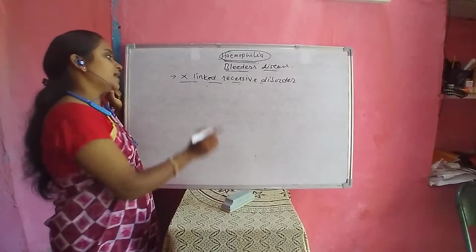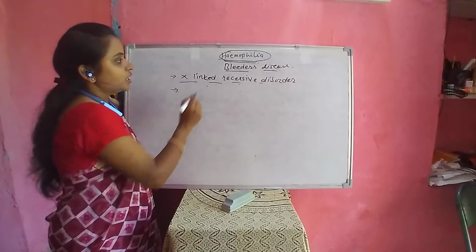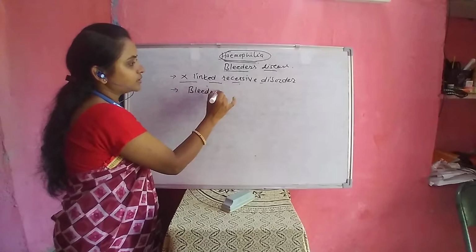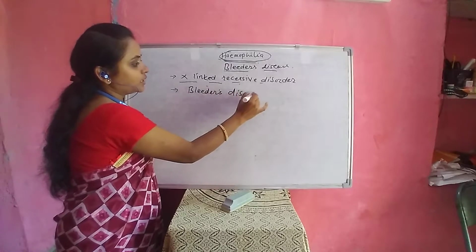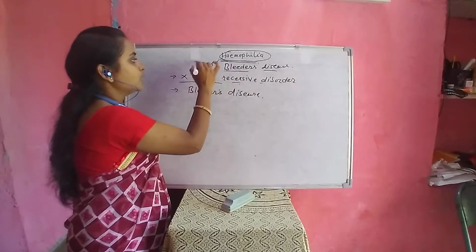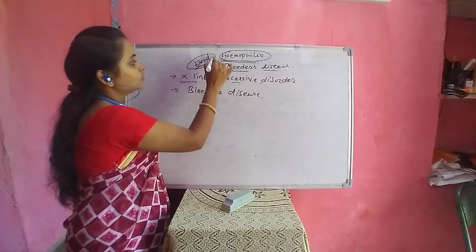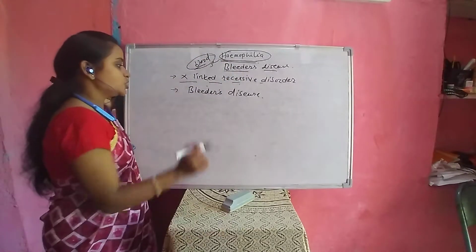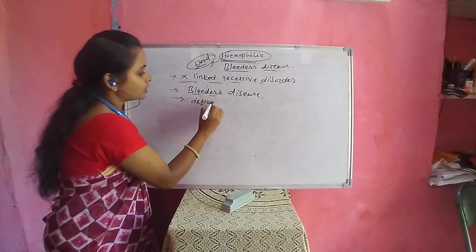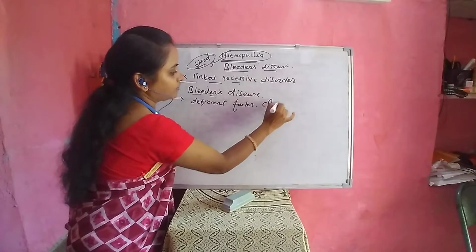The second thing is why it is also called the bleeder disease. Because in hemophilia, what happens? Hem means blood. So this disease is related to blood, and it causes a deficiency of a factor, the clotting factor.